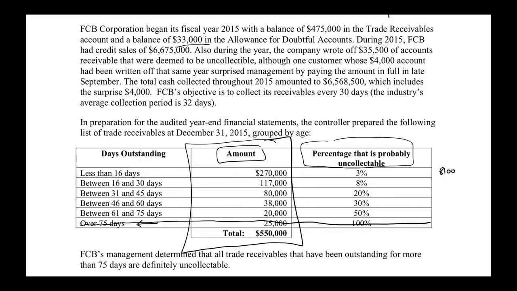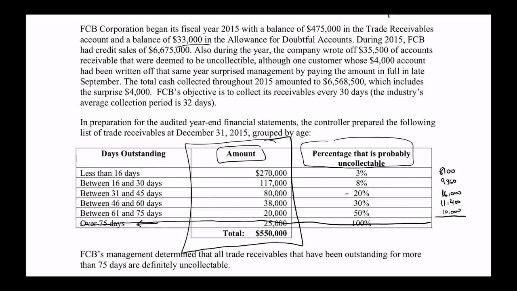So that's $8,100. 8% of $117,000, so that's $9,360. 80,000 times 20% is 16,000. 30% of 38,000 being uncollectible is 11,400.